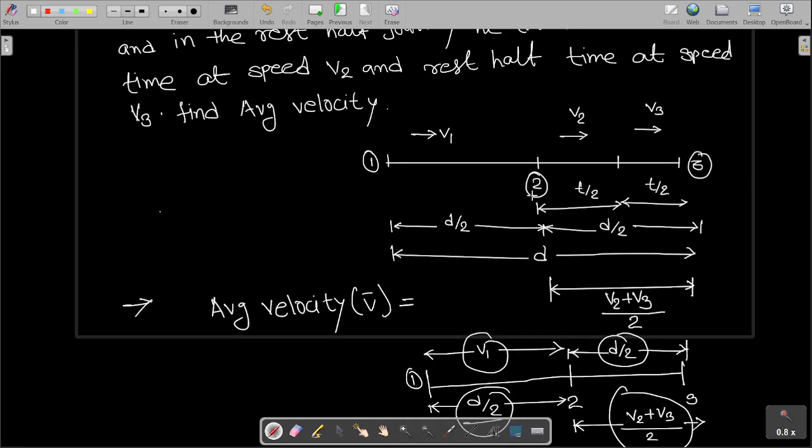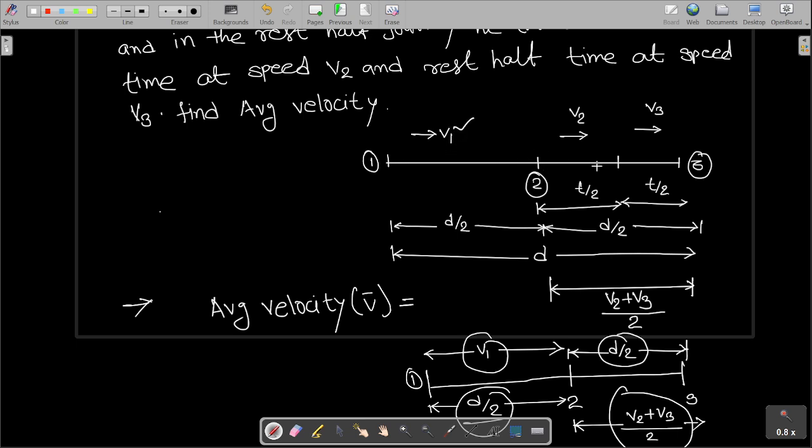Okay. See, in the question, it is given that a path is covered, but up to the half of the path, the person moves with velocity v1.